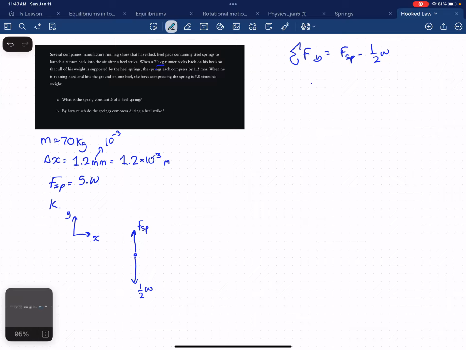So if we apply Newton 2, F of y equals m a y, and a y will be equal to 0. So that's why this is going to be 0.